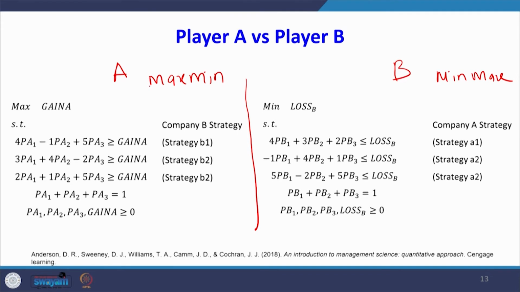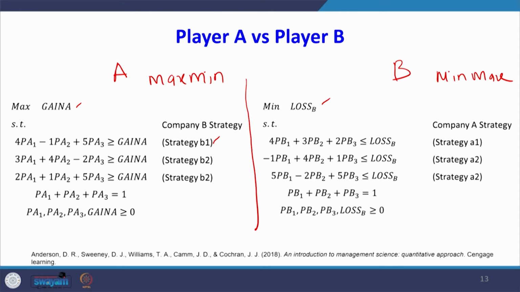For player A's perspective, it is maximizing gain A, here it is minimizing loss B. Here the constraints are greater than or equal to, because if company B goes for B1, company A will try to maximize its gain, that is why it is greater than.